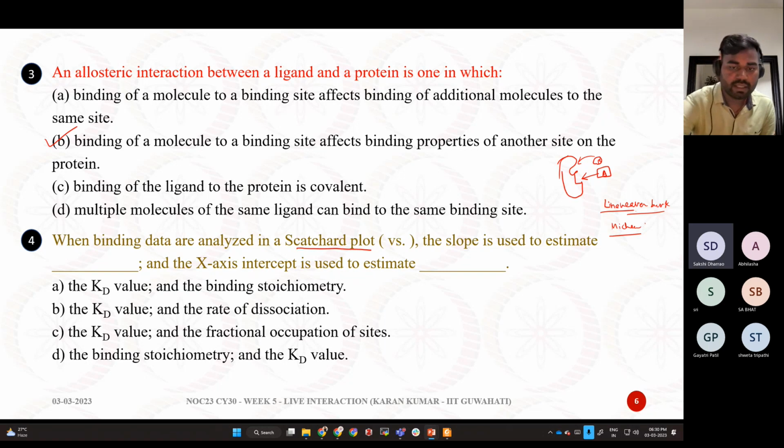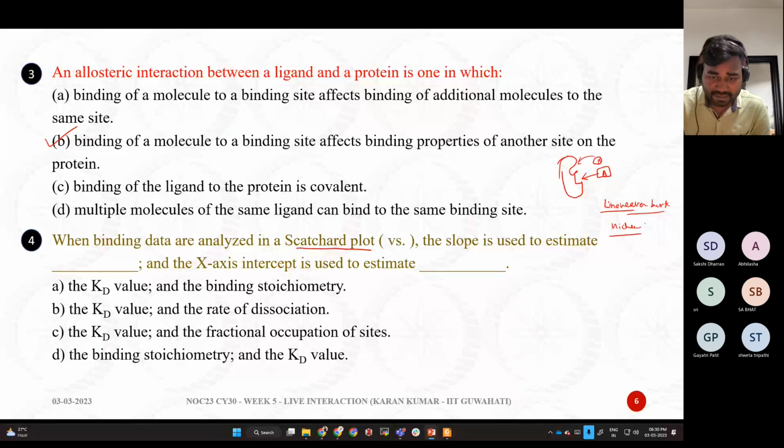Here it is the concentration. Yes, substrate concentration, right? In the x-axis of the Lineweaver-Burk plot, that is the inverse of substrate concentration, right? But what will be the intercept of that particular x-axis?